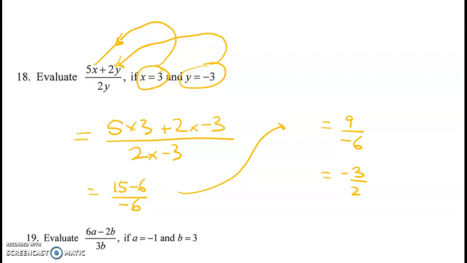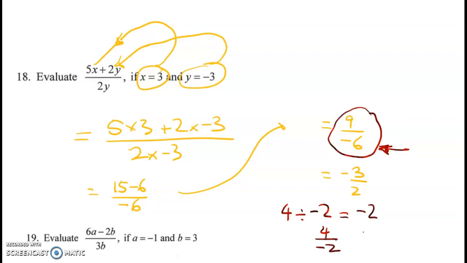Okay, so another thing to notice, since this is a relational video and we're trying to get you linking up skills, is that here we've got a negative sign in the denominator, and we never leave it like that, right? We always say negative 3 divided by 2. Now, it doesn't matter because 4 divided by negative 2, for example, would be negative 2. And negative 4 divided by 2 would be negative 2.